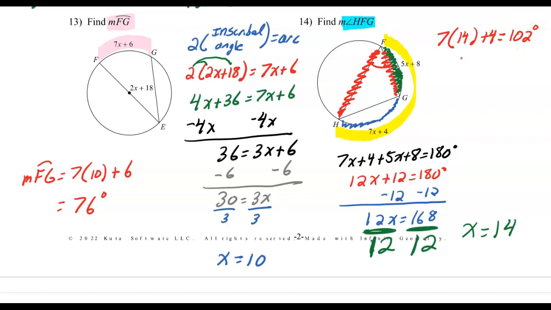So that's the arc HG. So to get angle F, I need to divide 102 by 2. So the final answer is 51.